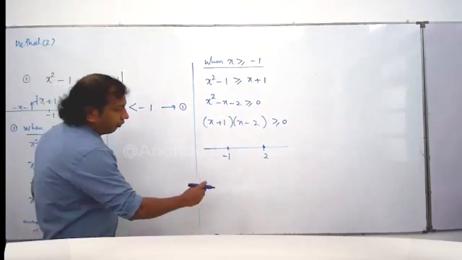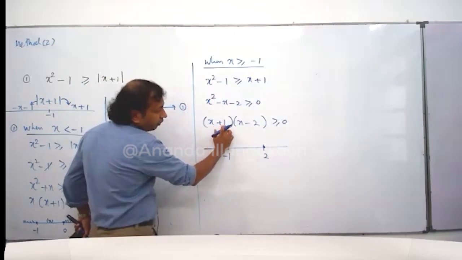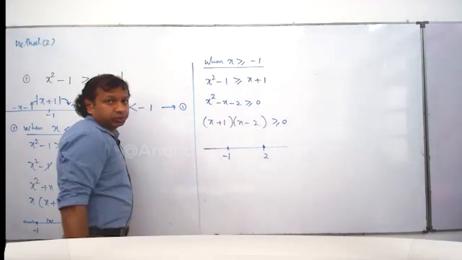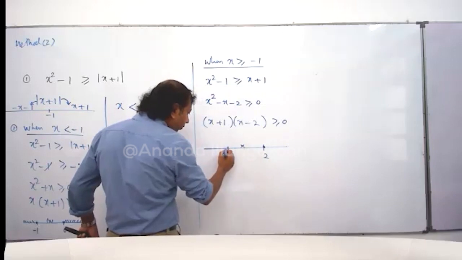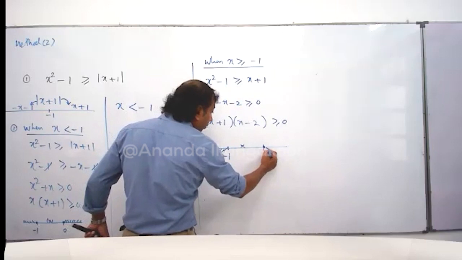When I put 0, 0 is in this interval. This bracket is 1, this bracket is minus 2, so 1 into minus 2 is minus 2 on the left hand side. It does not satisfy, so therefore we have to take this and this.